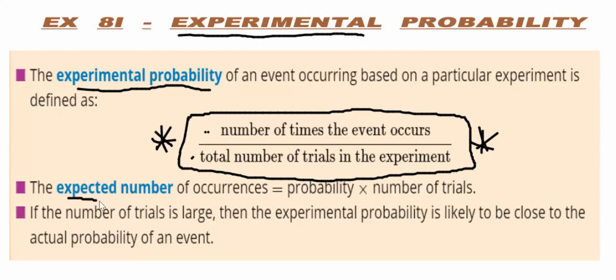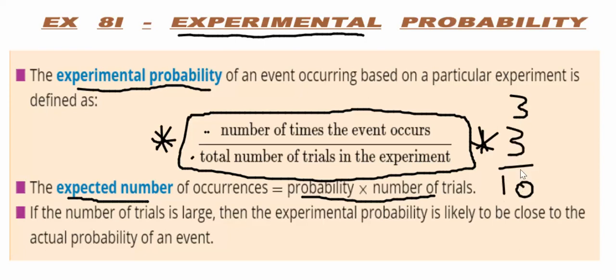Okay, so the expected number of occurrences is the probability multiplied by the number of trials. From an experiment, we can try and predict how many times a particular occurrence will happen in the future. Just say we rolled a die 10 times and 3 came up 3 times, so that's 3 out of 10.